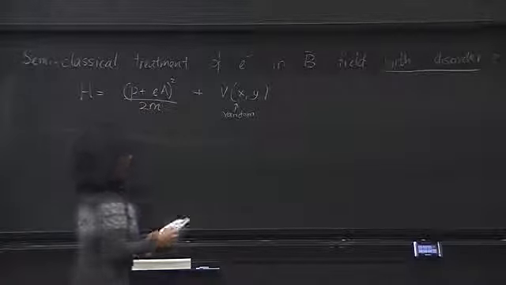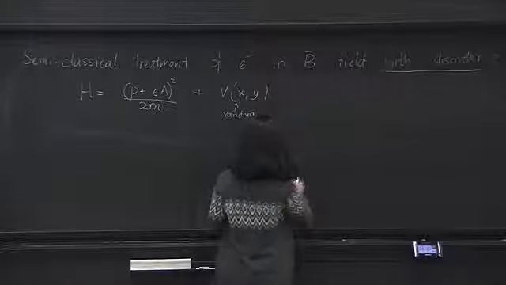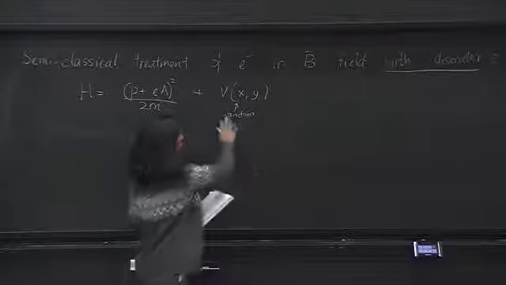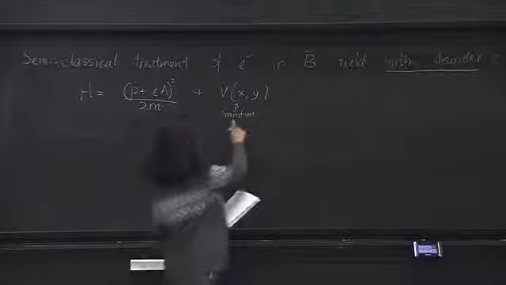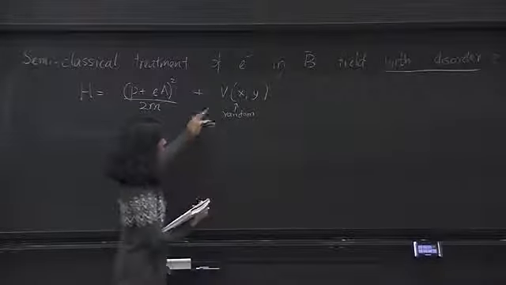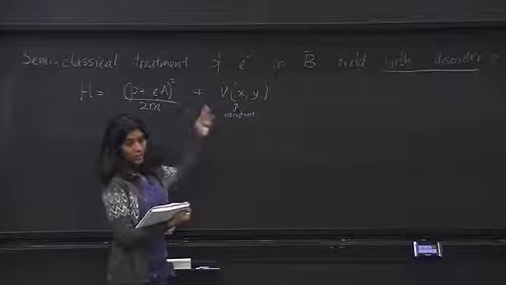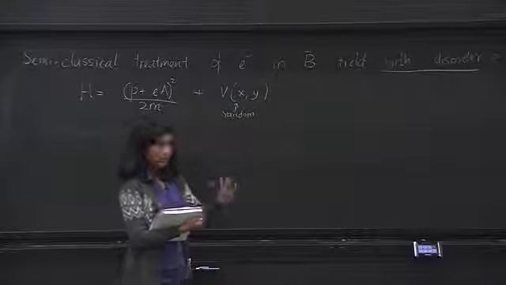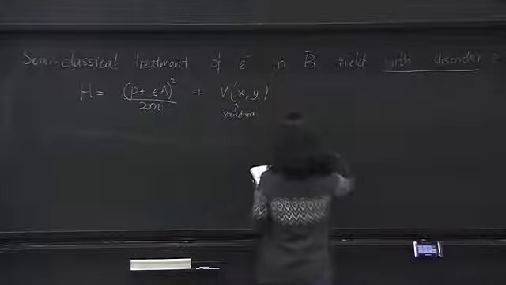Okay? It's clear to everyone that the presence of such a random potential landscape breaks Galilean invariance, right? Because in different frames, this potential does not look the same if you shift your frame.